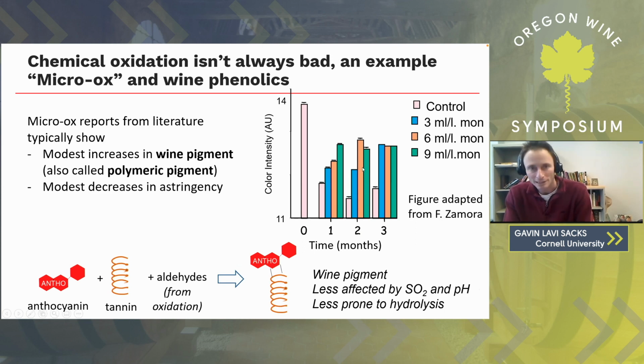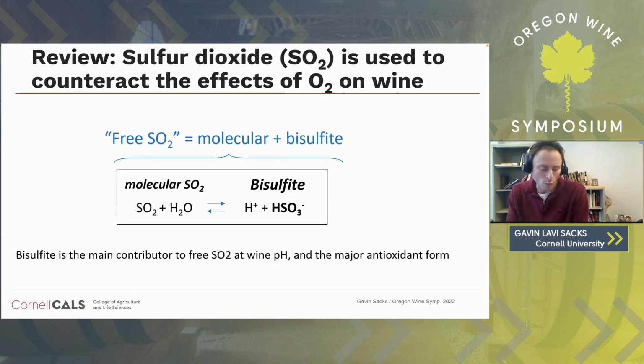Note that these are modest effects, but they're still perceivable. So what is this, a 10% or so increase in color intensity? Okay, so there can be a role for intentional oxidation to increase color stability and to affect perceived astringency and mouthfeel. So most wines, however, are not exposed to oxygen in the absence of SO2.